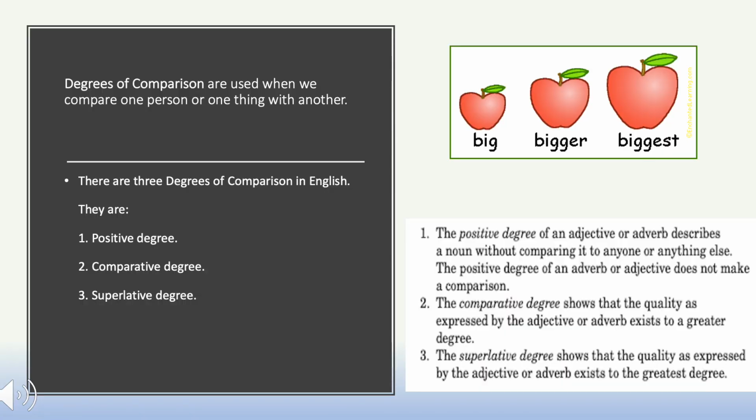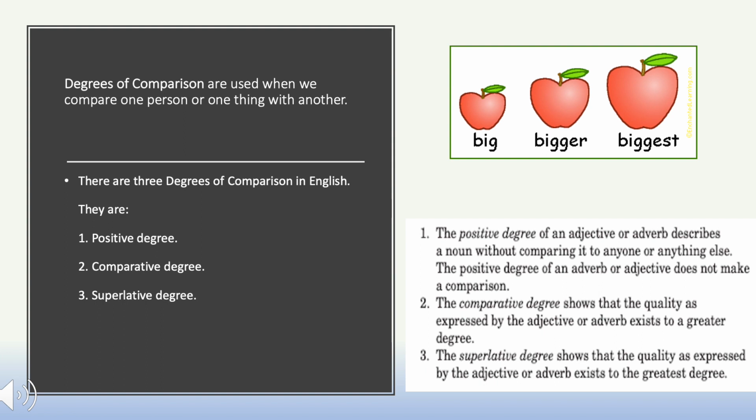So, the three degrees of comparison are the positive, the comparative, and the superlative. The positive degree of an adjective is the adjective in its simple or basic form. We use it when we speak about one noun and no comparison is being made.